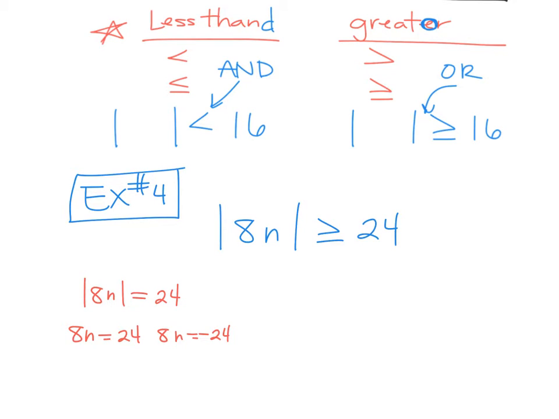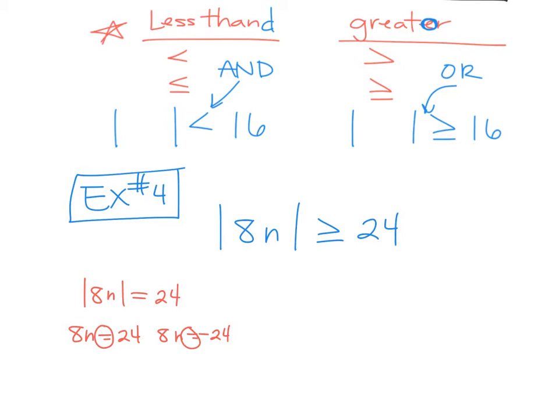Today, the only difference is this, okay? We have a symbol in there now. So we're still going to write two inequalities, but you make one negative, and instead of leaving them both as this symbol, you're going to leave this symbol here. But here, in the negative one, you're just going to flip your symbol.